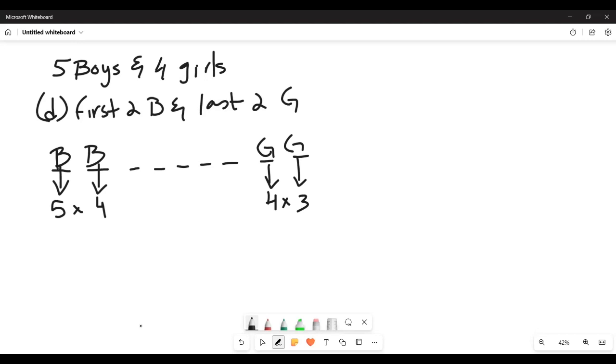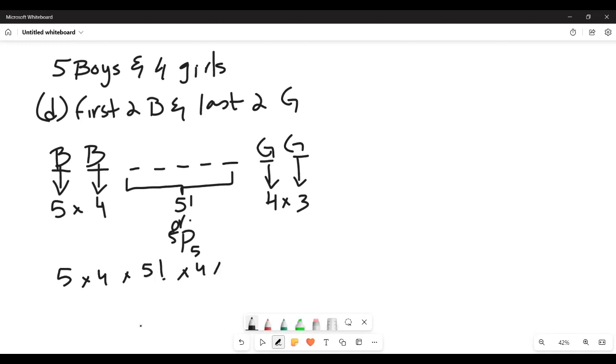So we have 5 left, and in between we're going to write 5 times 4 times 3 times 2 times 1, or 5 factorial, or 5P5. So the answer is going to be 5 times 4 times 5 factorial times 4 times 3. That is 28800.